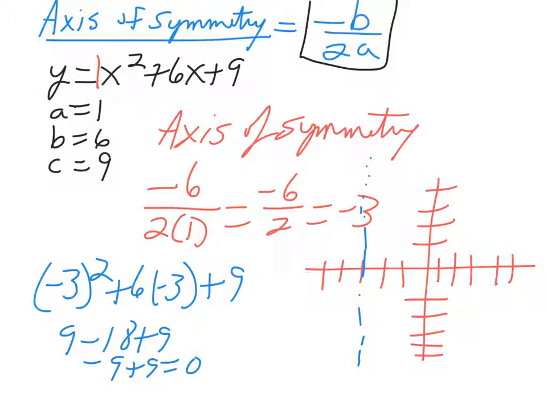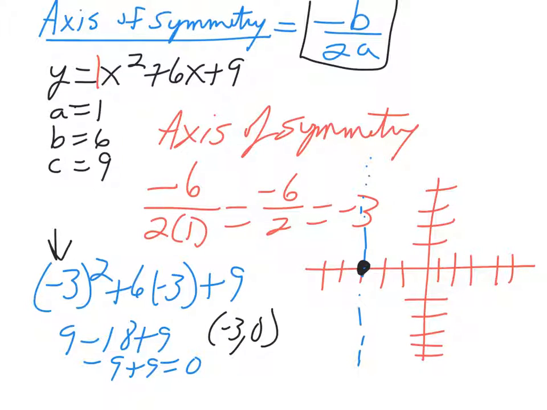So my vertex is going to be at negative 3, 0, and how I got that is because I put negative 3 in my equation for x, so that's my x value. And my y value, since it's equal to y in the original equation, came out to be 0. So there's my point right there. That is my vertex.